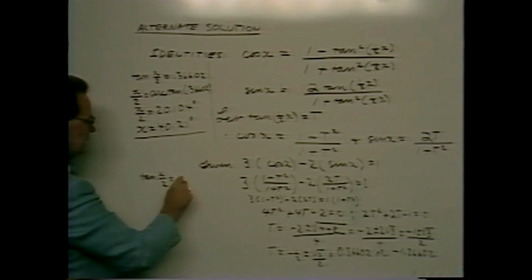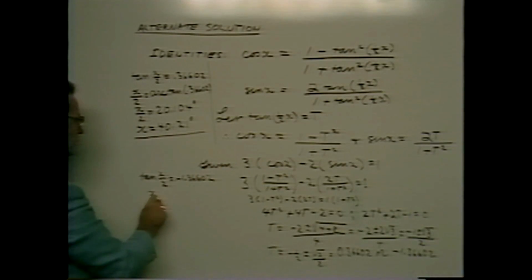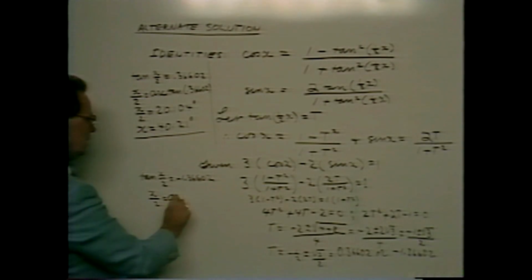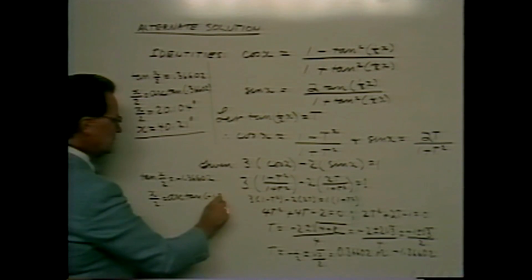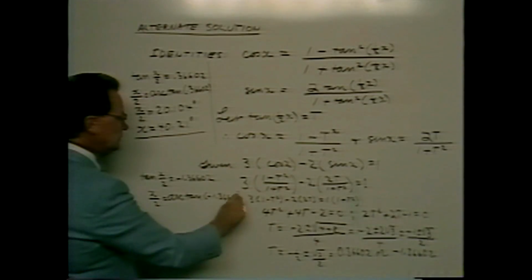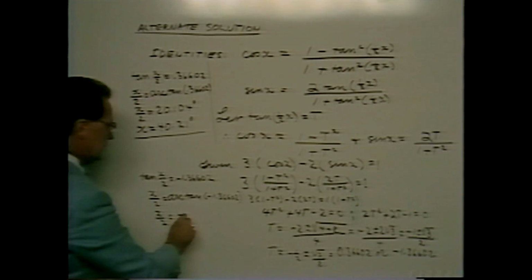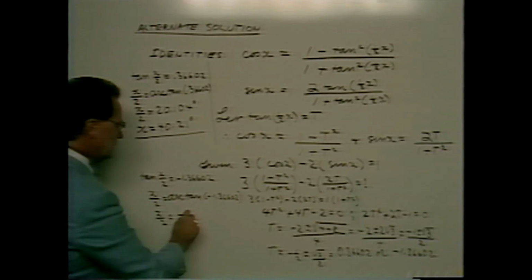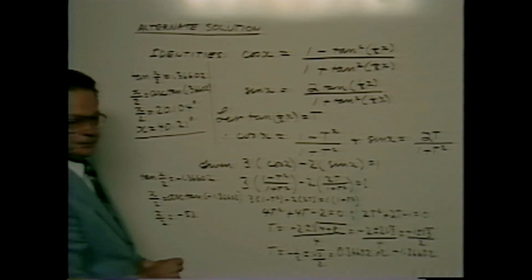For the next value of t, negative 1.36602, we have that tan of x over 2 is equal to negative 1.36602. x over 2 is equal to the arc tan of negative 1.36602. And then x divided by 2 is equal to negative 53.794.